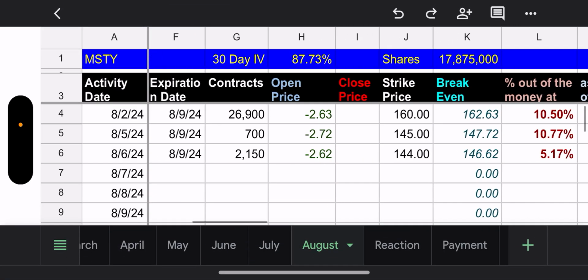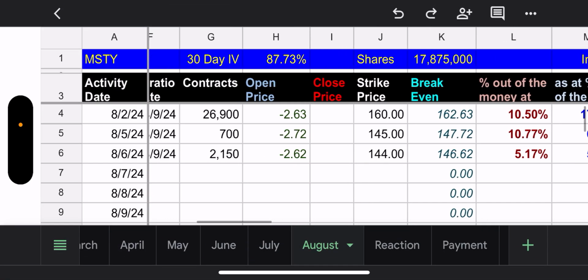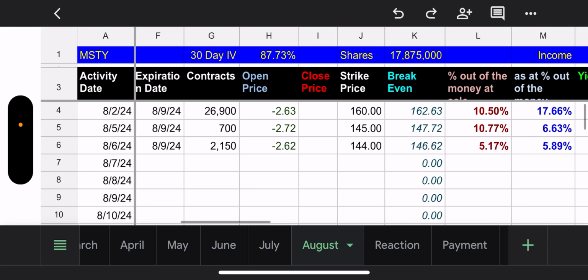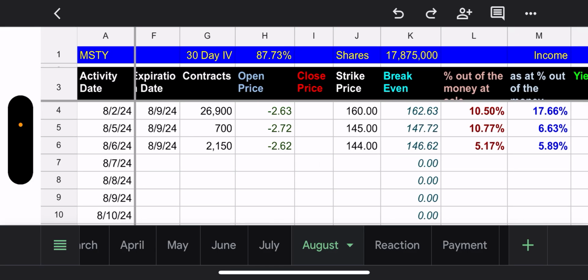Okay, so they did not close their positions. They're going to wait it out. The premium is typically a little more costly on higher volatility funds, and obviously MSTR is the most volatile of the group. So these positions are still open. What's open?